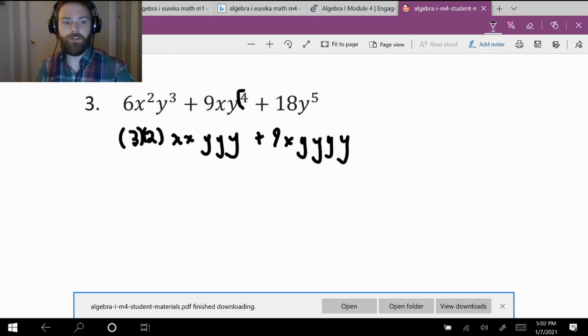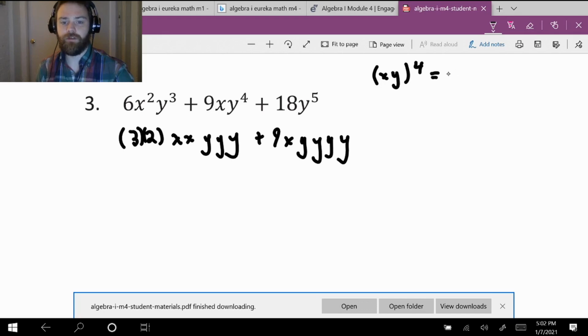This 4 only modifies the thing immediately to the left unless there are parentheses around these items. As a side note, if you see the 4 on y, that means y is being multiplied by itself. But if I had a quantity like x times y to the 4th, that means x times y would be multiplied by itself 4 times.